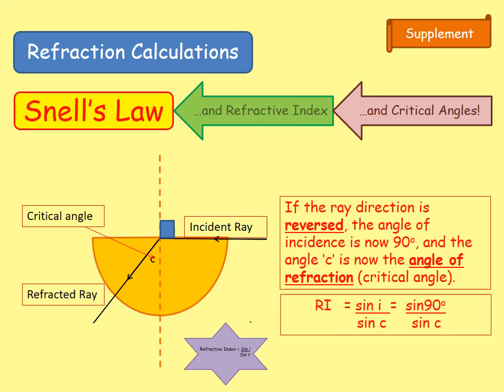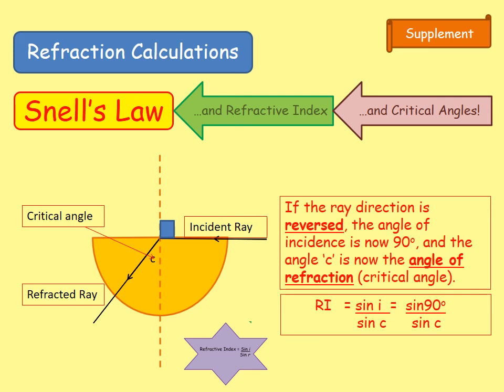So you can rearrange the equation. The refractive index is now the sine of the angle of incidence divided by the sine of the critical angle. In this particular case, it's sine 90 degrees divided by the sine of the critical angle.